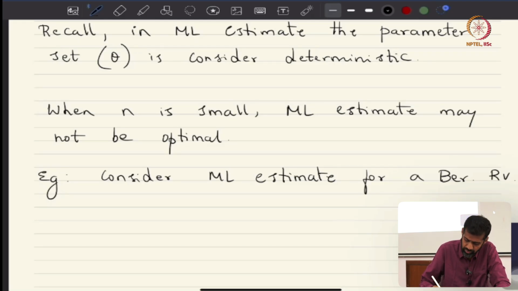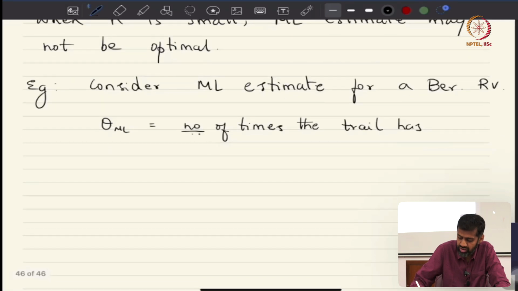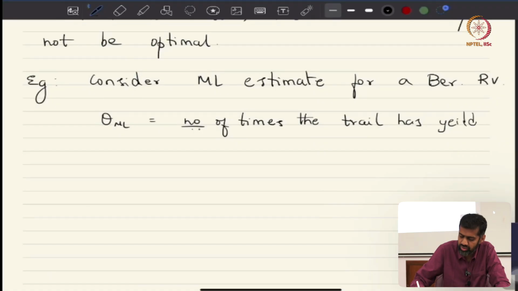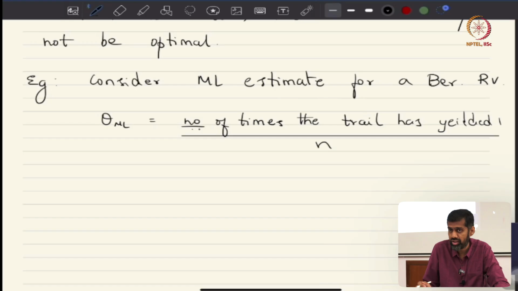Theta ML is simply equal to the number of times the trial has yielded 1, divided by n. Remember this is what our ML estimate was for a Bernoulli random variable.